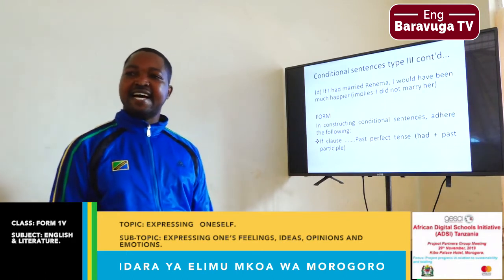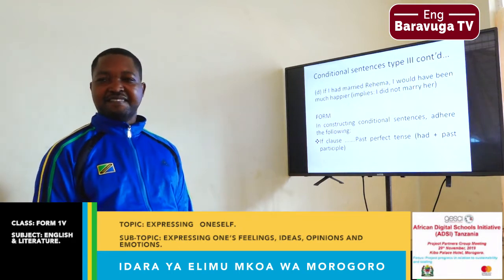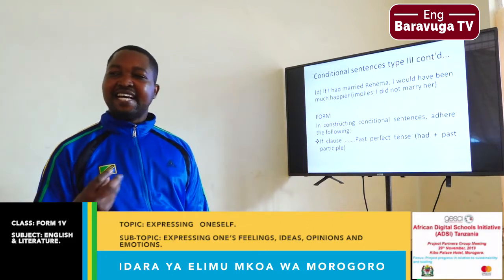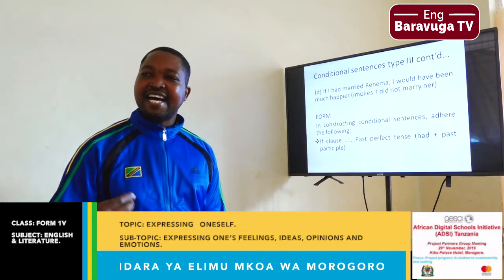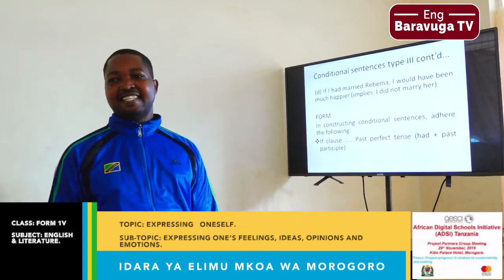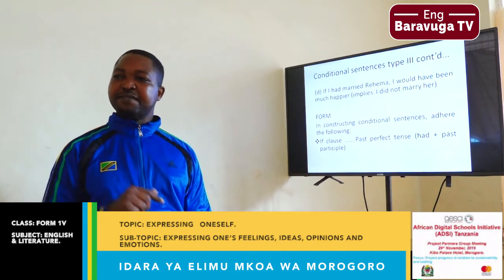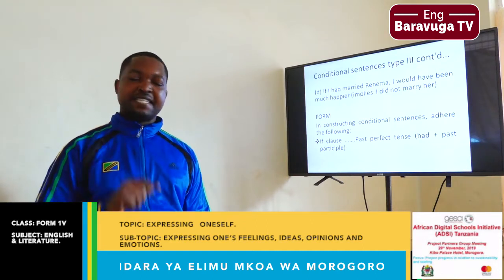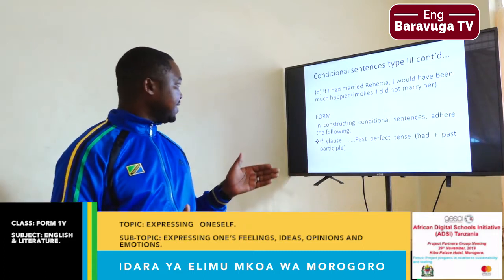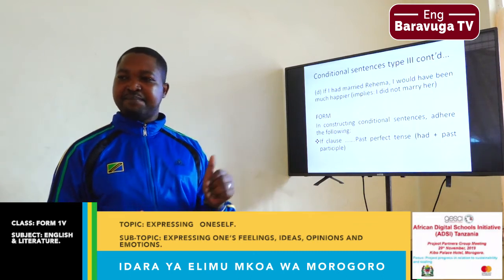It is characterized by had plus the past participle. For example, I had taken, I had spoken, I had sung, I had gone, I had kept, and so on. So we talk of had plus the past participles of the verbs. That is the first part of conditional sentence type 3: the if clause characterized by had plus the past participle.